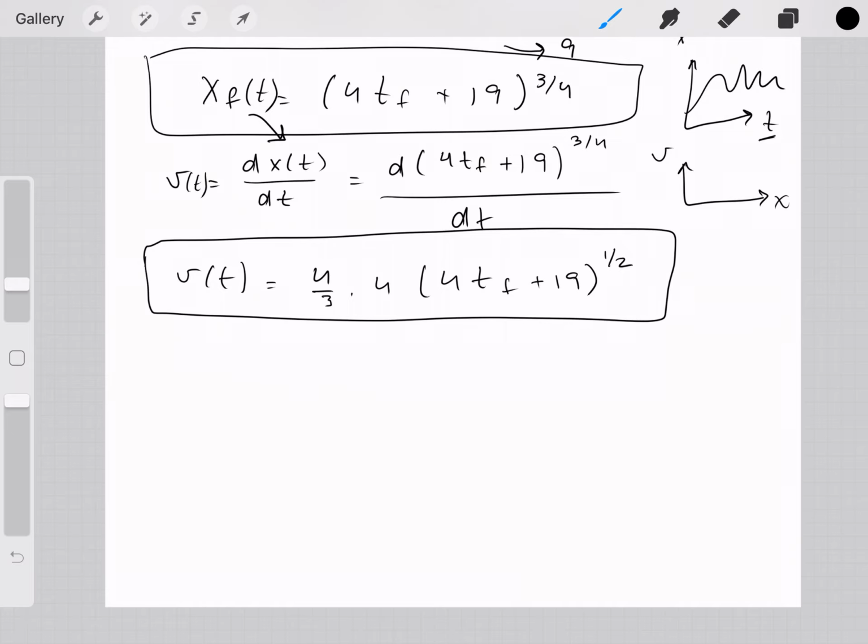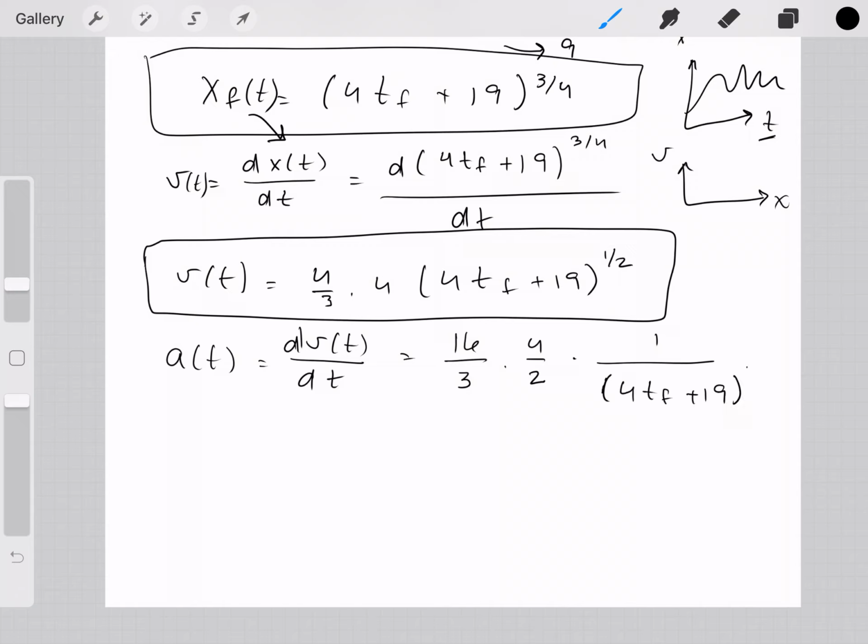Derive that once again for a of t, which is dv/dt. And you'll get 16 over 3 times 4 over 2 times 1 over (4t final plus 19) to the 1/2.